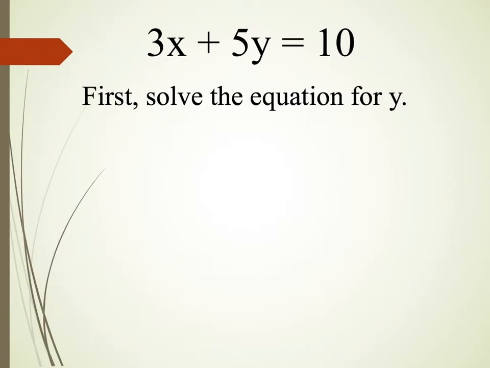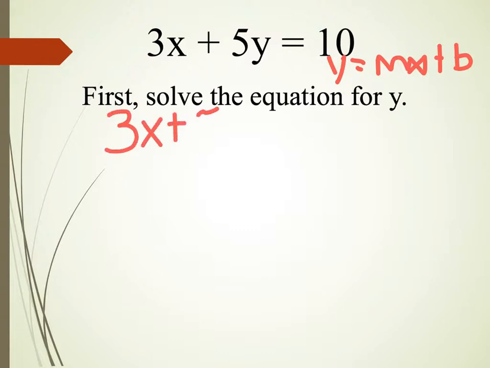There are times where you need to get y by itself, because we always want the equation in the form of y equals mx plus b. Right now, y is not by itself, and we need to get it by itself. So I have 3x plus 5y equals 10.